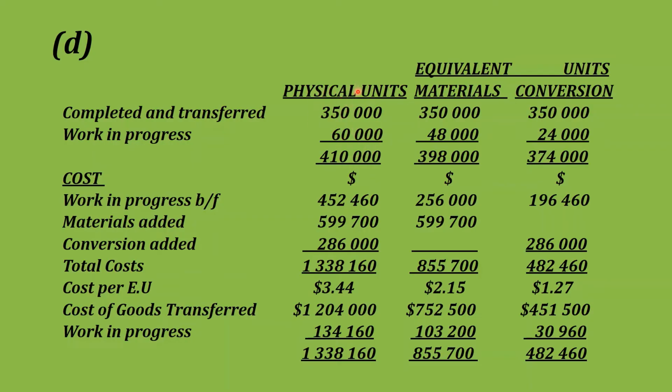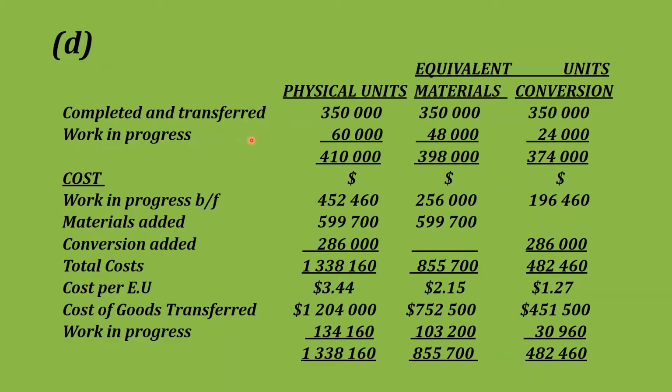If you can't account for the physical units, you will not be able to account for the equivalent units. Okay, so the completed and transferred 350,000. It will be the same, 350,000 for materials and 350,000 for conversion. The equivalent units would be the same as that because they are completed units.